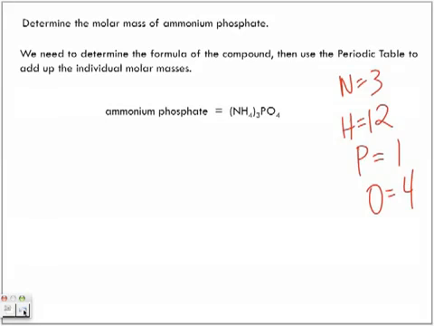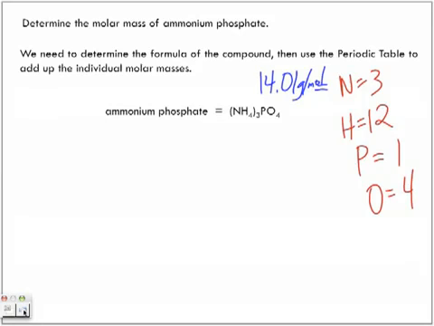The only thing is what is the atomic mass of nitrogen? Or what is the molar mass? Let's use that terminology. What is the molar mass now of nitrogen? 14.01, and it's grams per mole. But how many nitrogens do we have? 3. So what do we got to do with that number? Multiply by 3.